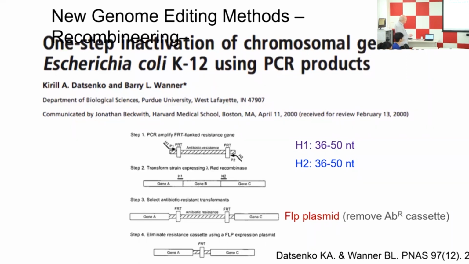Then if this PCR fragment is constructed flanking an antibiotic resistance, what you do is take this PCR fragment, transform it into your favorite bacterium, and then you just select for the phenotype of antibiotic resistance. And the only way that this can happen is if this segment has been integrated into the chromosome at the target site.